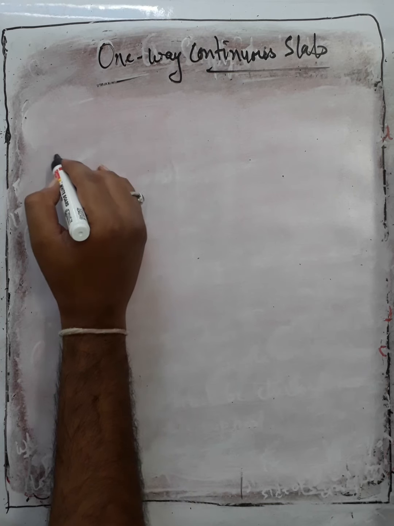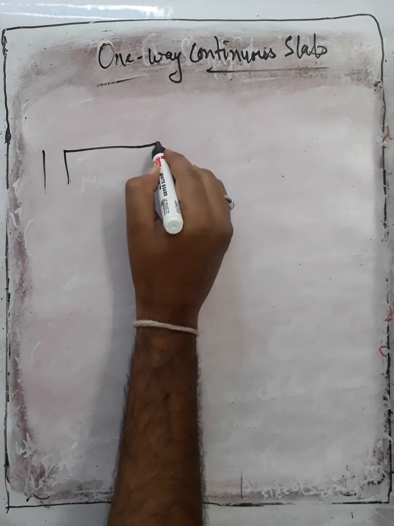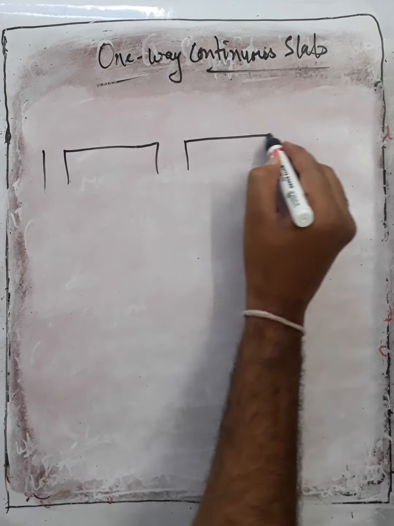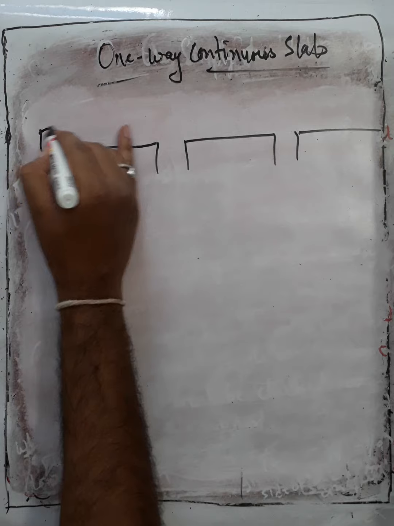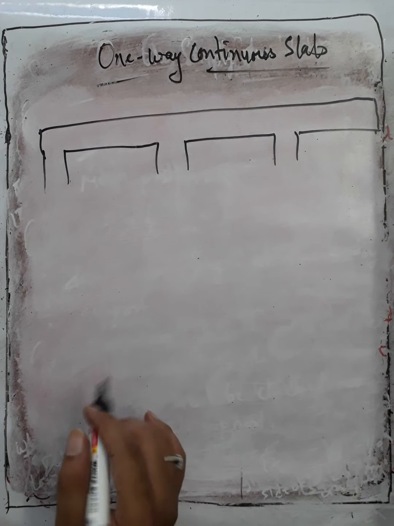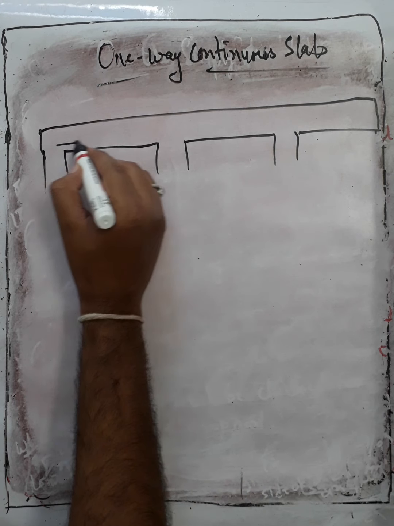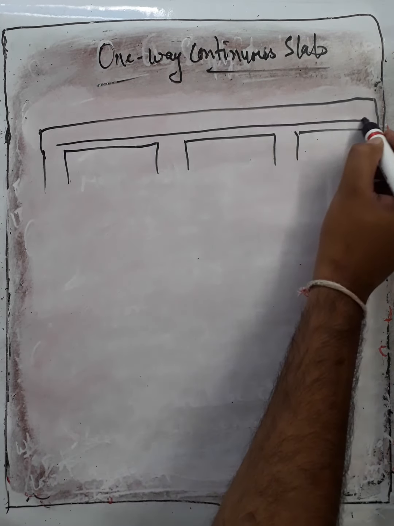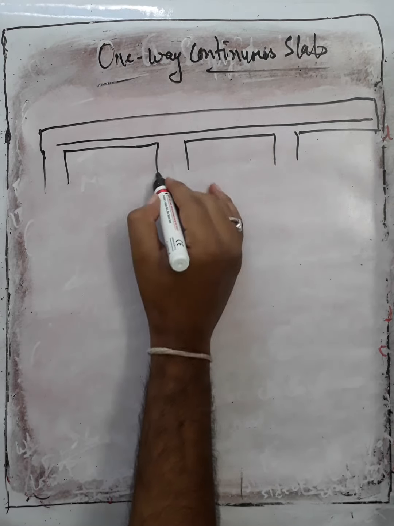If this is our structure, okay, so here we have to provide reinforcement. So this one is our main reinforcement bar. This one is our main reinforcement bar.